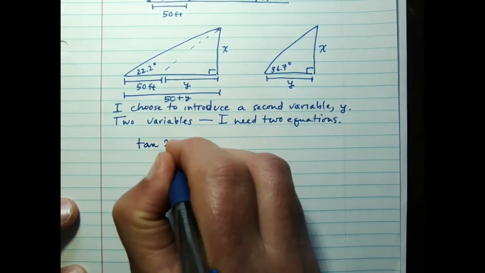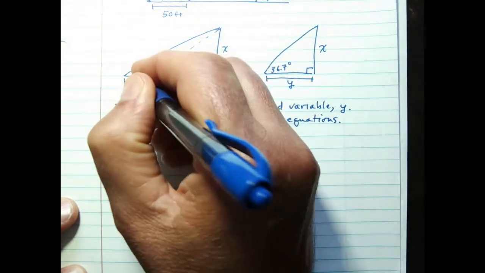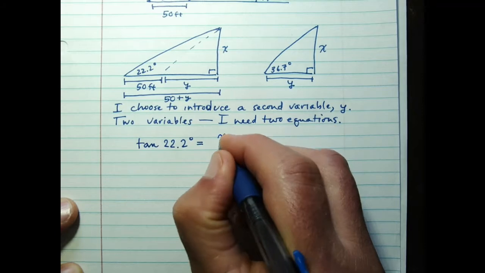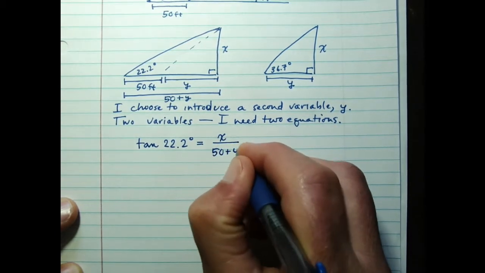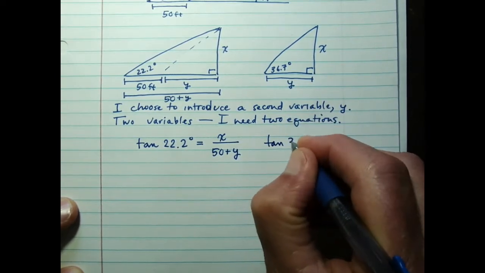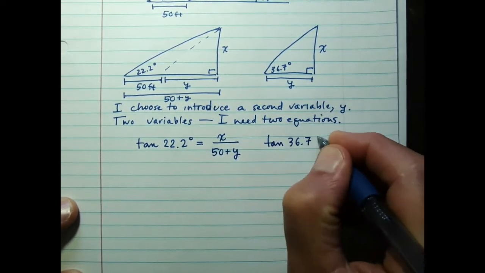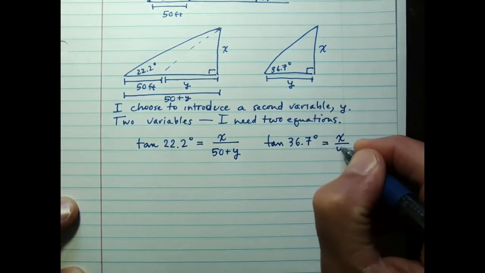Tangent of 22.2 degrees is opposite over adjacent on this triangle. That's x over 50 plus y. And on the other triangle, tangent of 36.7 degrees is x over y.